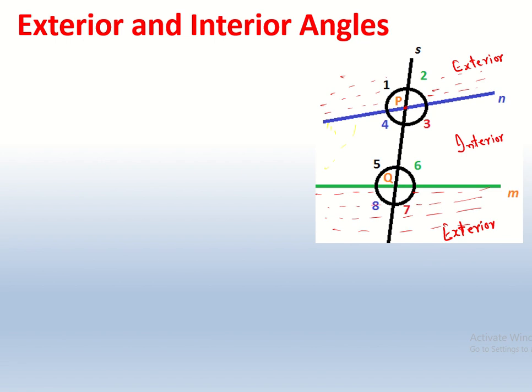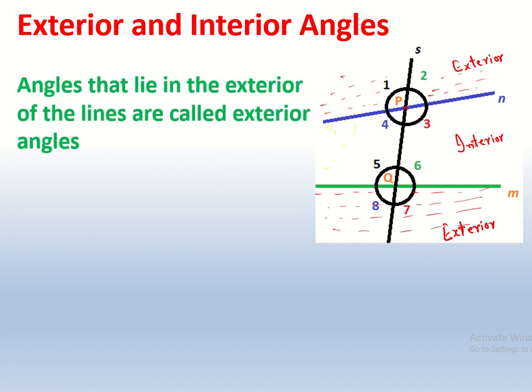Those angles which lie in the exterior of the lines are called exterior angles. In this figure, angle 1 lies in the exterior, angle 2 lies in the exterior, similarly angle 7 and angle 8 lie in the exterior.